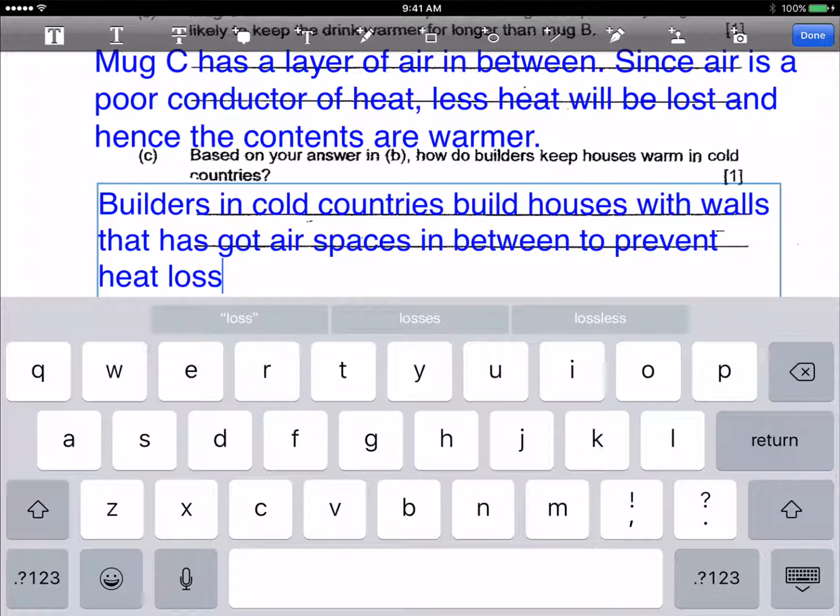Heat loss, LOSS or LOST? It's S. Heat loss. Okay. That has air space to prevent heat loss, and hence keeps it warm. Okay? So easy.